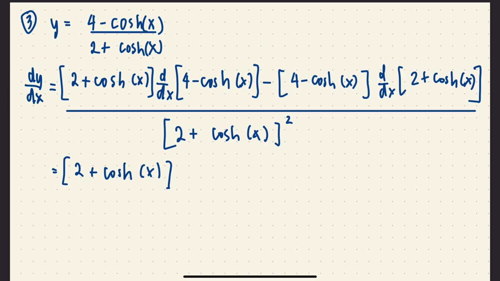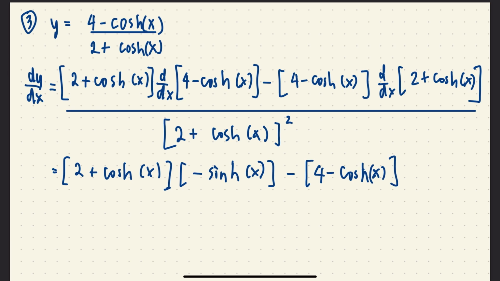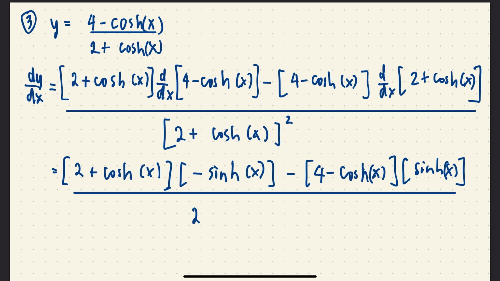So we have 2 plus the hyperbolic cosine of x times the derivative of the constant, which is just 0, minus the derivative of hyperbolic cosine, which is hyperbolic sine of x, minus, you just copy the whole thing, 4 minus hyperbolic cosine of x times the derivative of 2, which is constant 0, then hyperbolic cosine's derivative is hyperbolic sine. And you divide by 2 plus hyperbolic cosine of x squared.